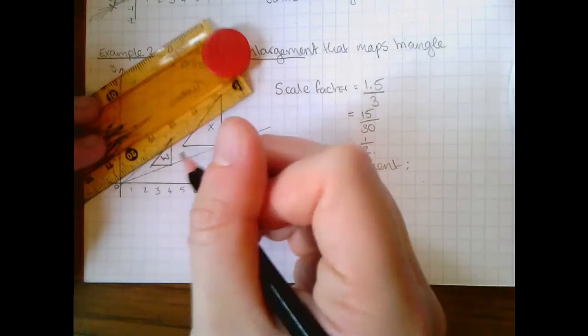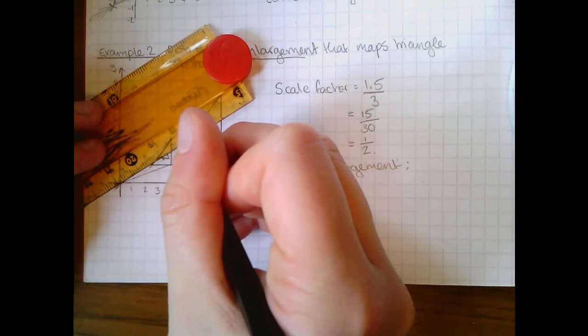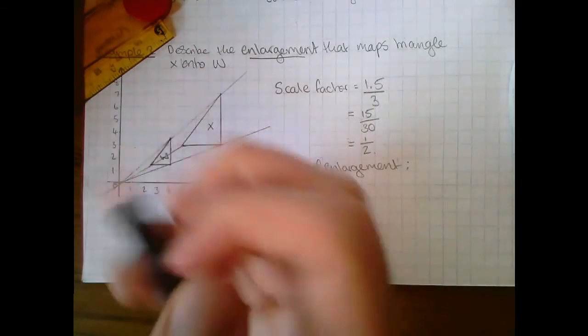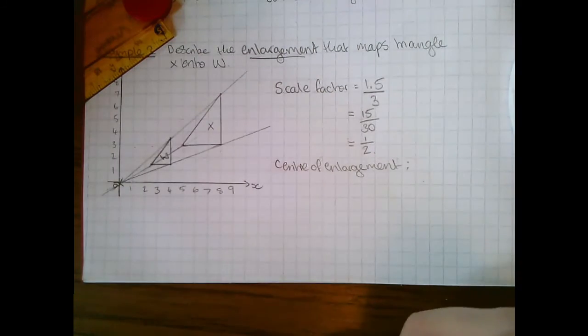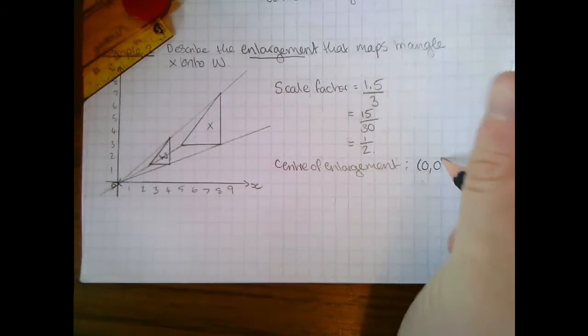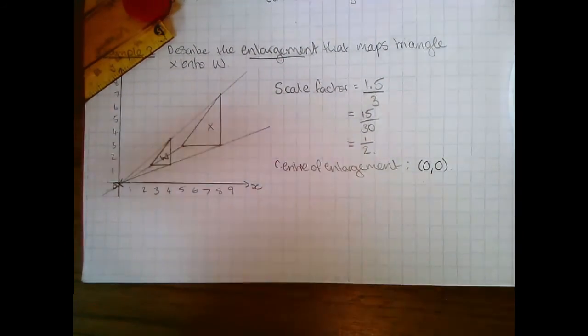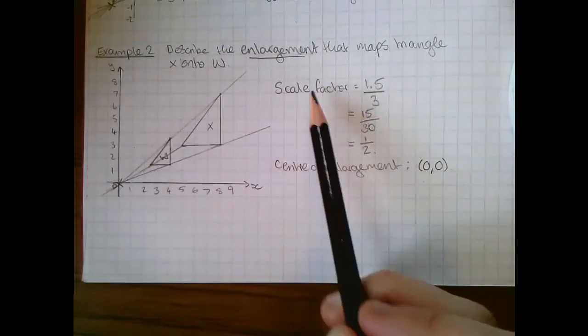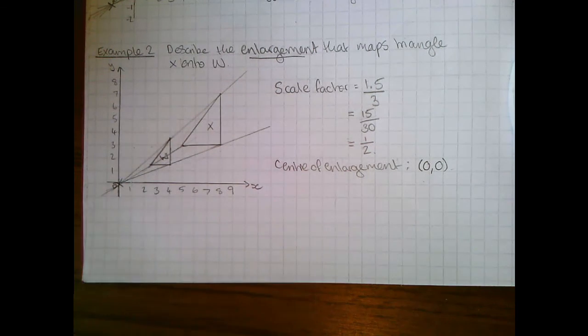So this final corner and this one are going to be joined up. So they are the same corner on our triangles. Okay, so we can see that they cross through at the origin, which is 0, 0. So our centre of enlargement for this one is 0, 0. So that's how you fully describe an enlargement. You need to give the scale factor and the centre of enlargement.